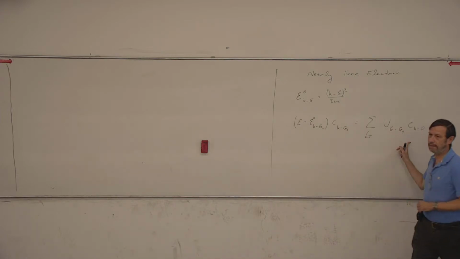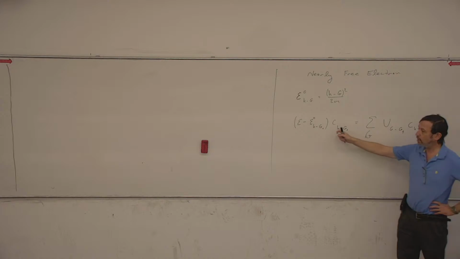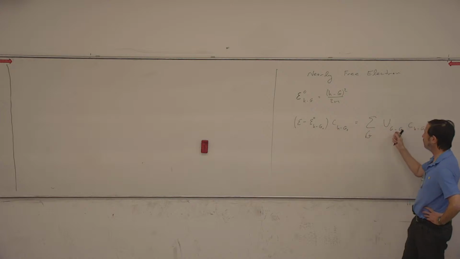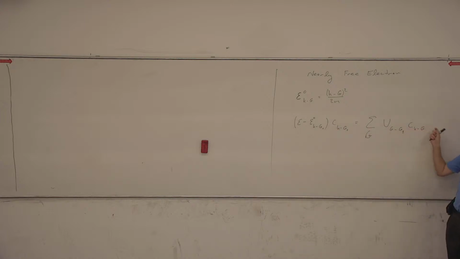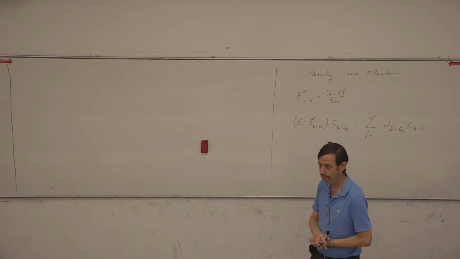What does the right hand side say? It tells me, well, if I want to know what happens at a certain value of C, I have to know what is the coupling to all other values. And when do I have couplings? Only at distances of G, just because of the form of the periodic potential.